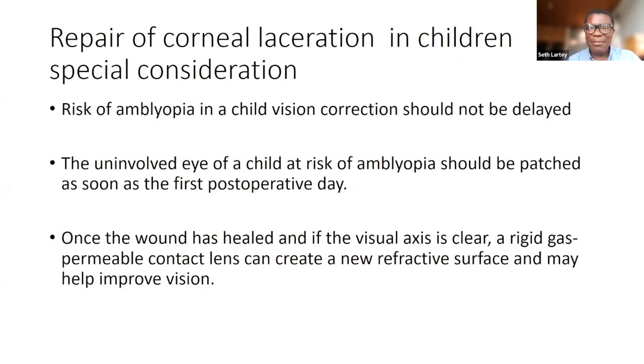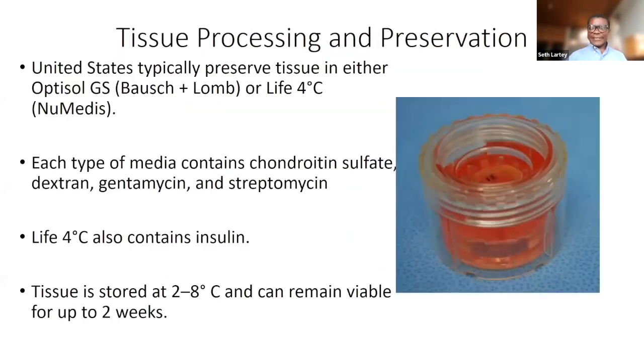Now we'll talk about transplants, corneal transplantation, the tissues. In the United States, I've used Optisol over the years. Usually in the United States and other areas, they typically present the tissues in Optisol, or Life 4 degrees centigrade.